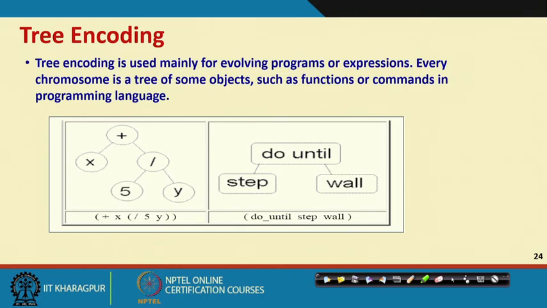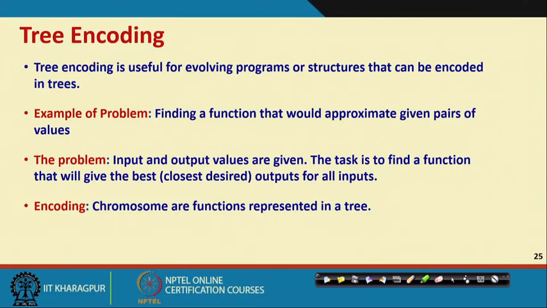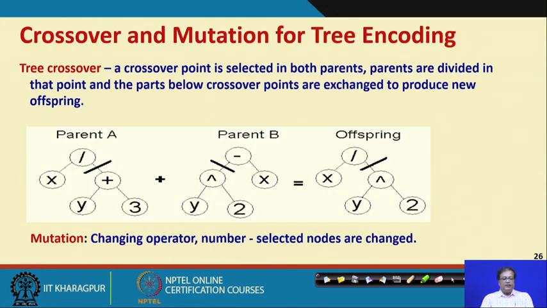From the functional values we can discover the best possible empirical relationships by going for tree encoding. So, the task is finding a function that would approximate a given set of input and output values, a function that will give the closest desired outputs for all inputs. Chromosomes are functions represented in a tree.